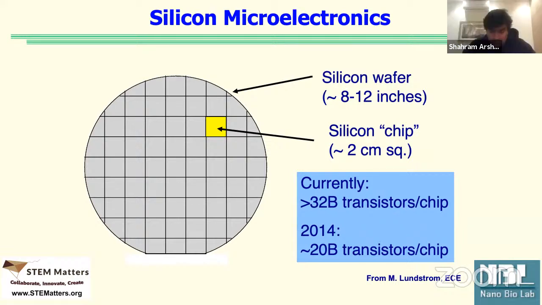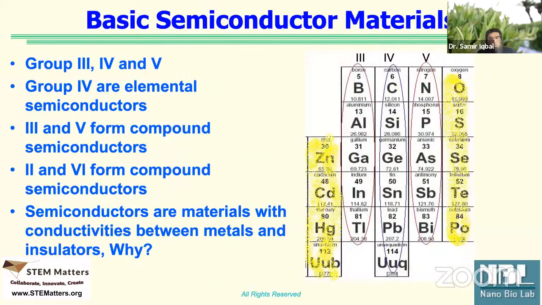Now, a semiconductor material is an element that is not a good conductor and not a good insulator. So its conductivity falls in between conductor and insulator.